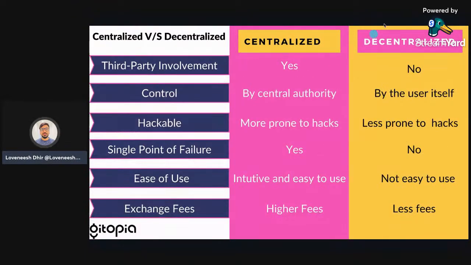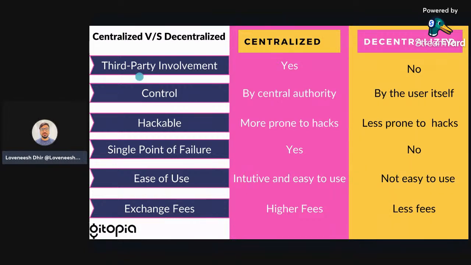Here is a quick comparison between centralized versus decentralized systems. You can take a snapshot of this if you want, and let's discuss this. You can see it as a quick recap of everything that we have discussed till now in regard to centralized versus decentralized systems.